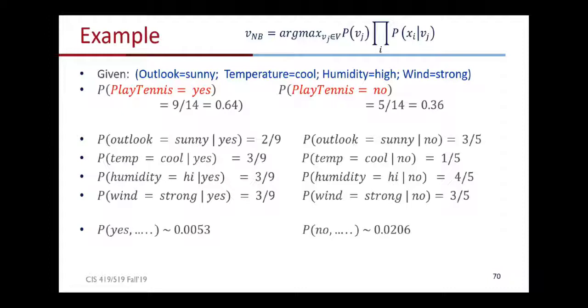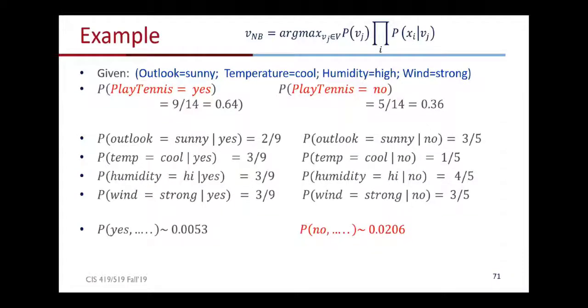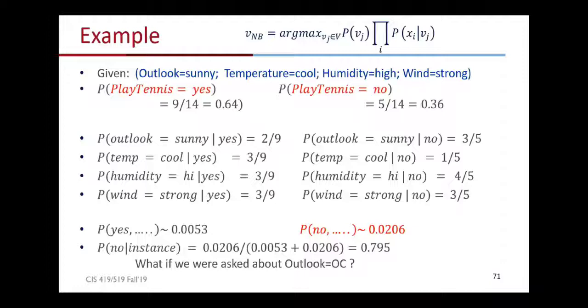If I really want to know the probability, I can normalize relative to this. But this is sufficient to tell me that the answer here should be no. The prediction here should be no. That's what I'm choosing, and as I said, I can also normalize if I want to know the probability. That's it. That's the naive Bayes.